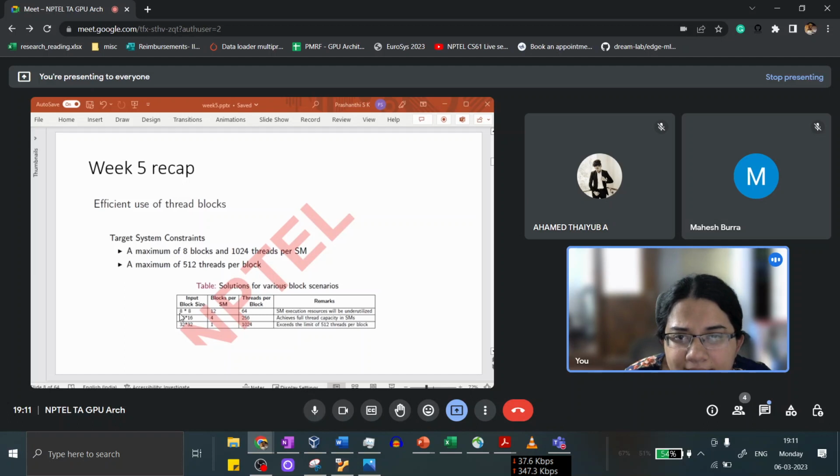Let's say our input block size is 8 cross 8, and threads per block becomes 64, 8 into 8. And now blocks per SM, let's say that is 12. Then what happens? The SM resources will be underutilized. Why?